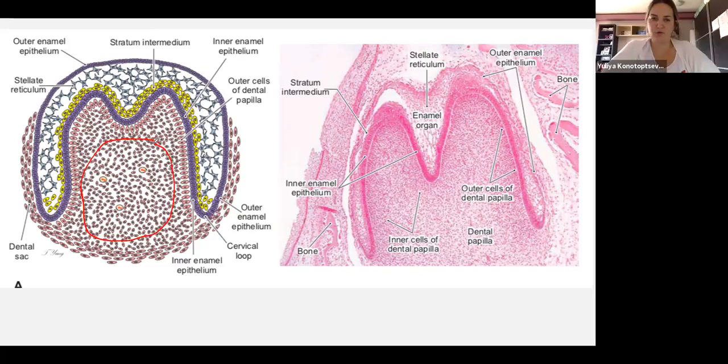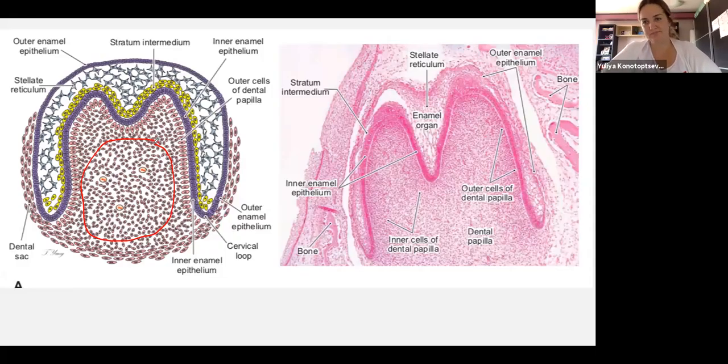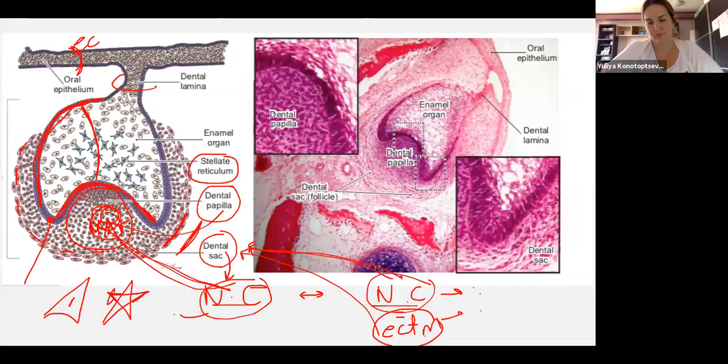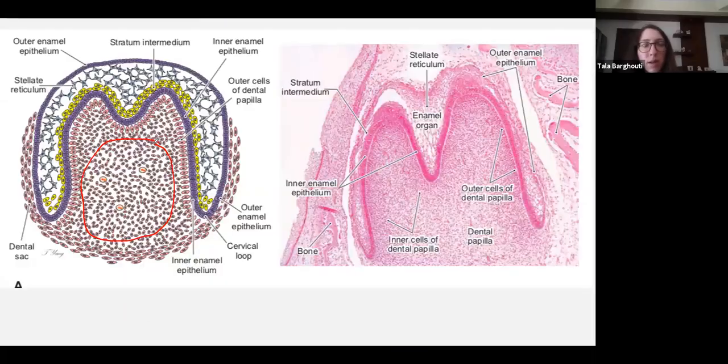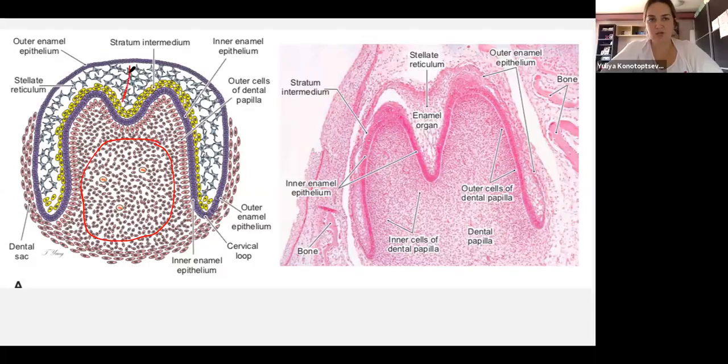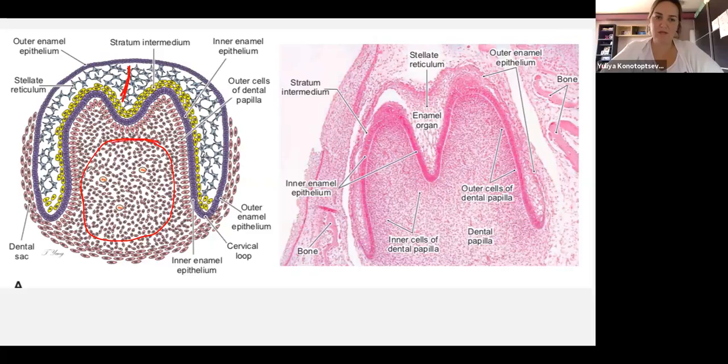What do you see here that is not present here? The mesenchymal cells and the stellate reticulum. Here's the stellate reticulum, the starry-shaped tissue. The mesenchymal cells are in the dental papilla right here with the neural crest cells.